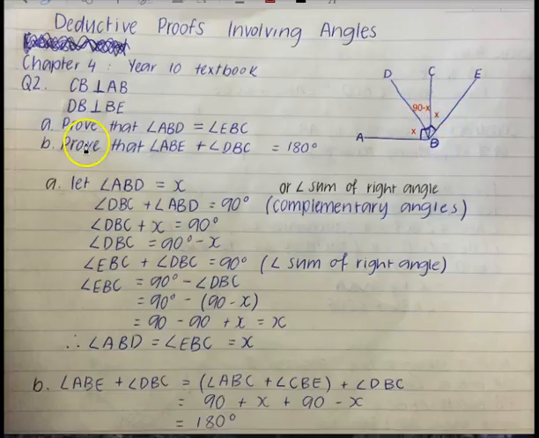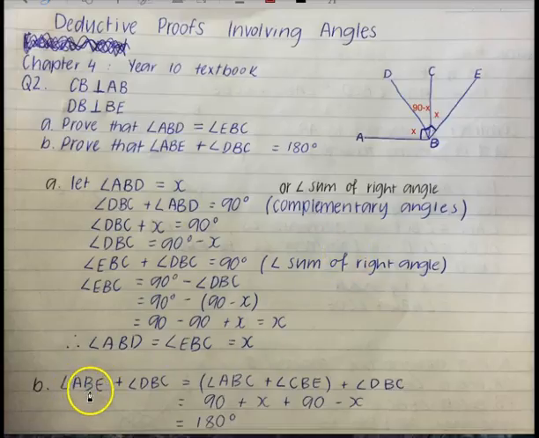Now, in part B, you have to prove that angle ABE, which is the really big one, plus angle DBC, which is this one in here, is equal to 180. Now, we can do this 3 or 4 different ways, but we know that angle ABE is made of this right angle ABC plus this angle here CBE.